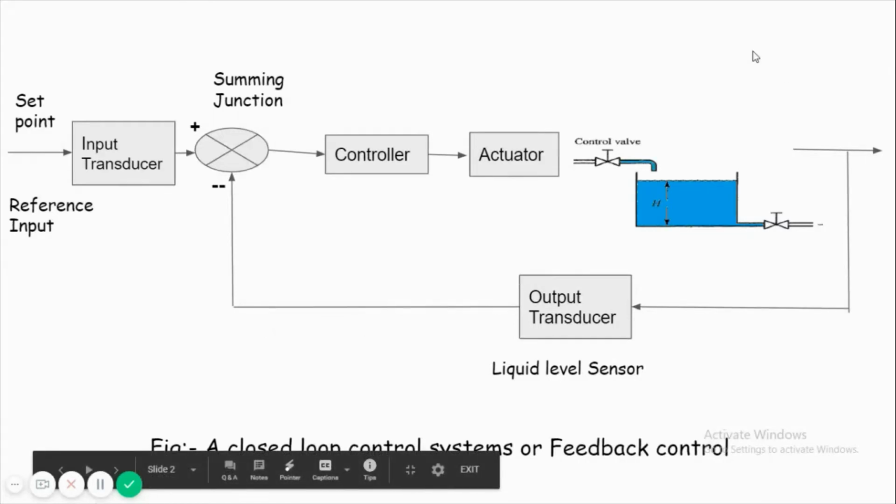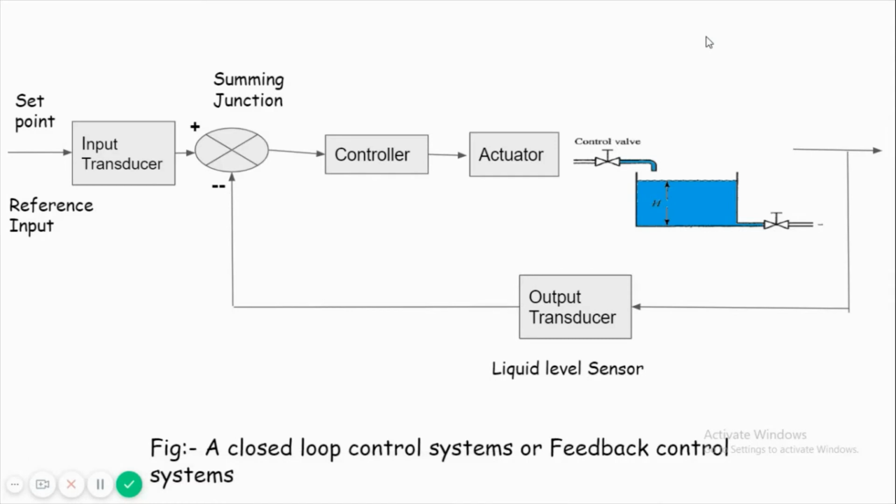Now let us see an example. Here we consider a plant, a liquid level system, which we also have considered in our previous video. Here we see that there is a control knob or control valve which is controlling the rate of flow of liquid into the tank, and there is some outlet.